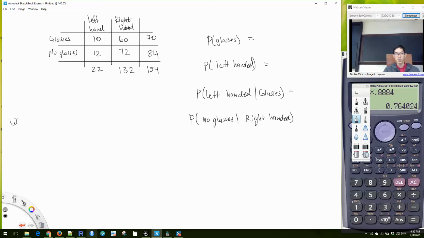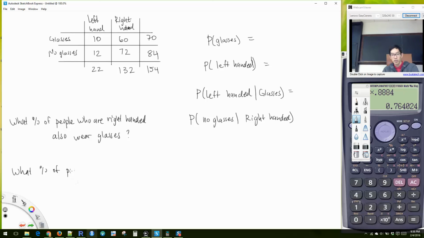Or I could say, what percentage of people who are right-handed also wear glasses, versus what percent of people are right-handed and wear glasses.